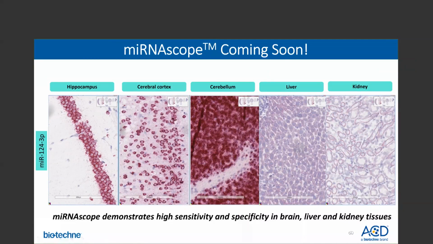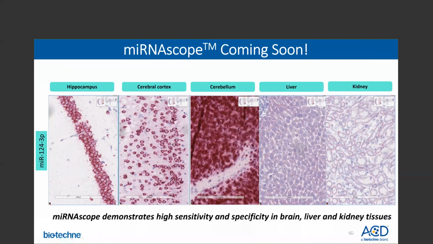So far, we've seen that the RNAscope demonstrates high specificity and sensitivity in brain, liver, and kidney tissues, as you can see here. And the RNAscope can be used for detecting mature microRNAs, ASOs, and siRNA. So this product is coming up soon, so please stay tuned.